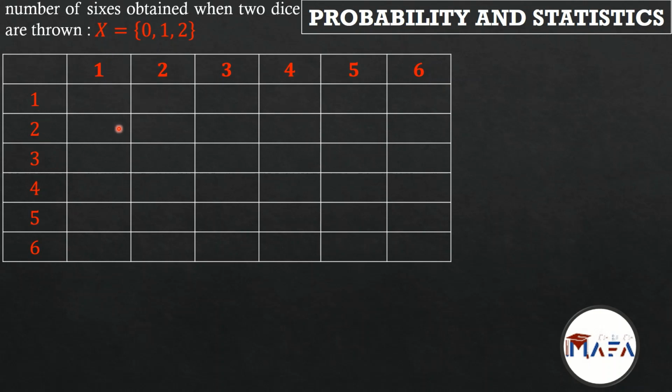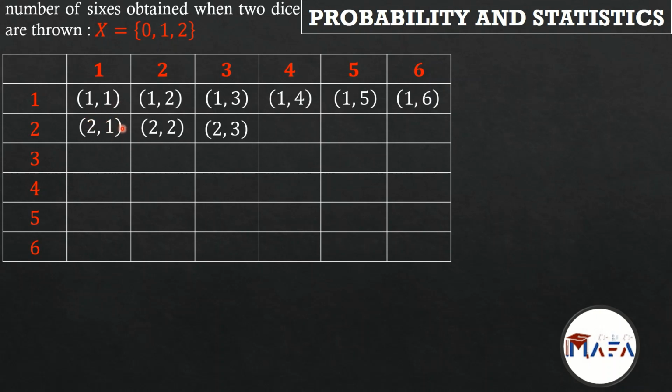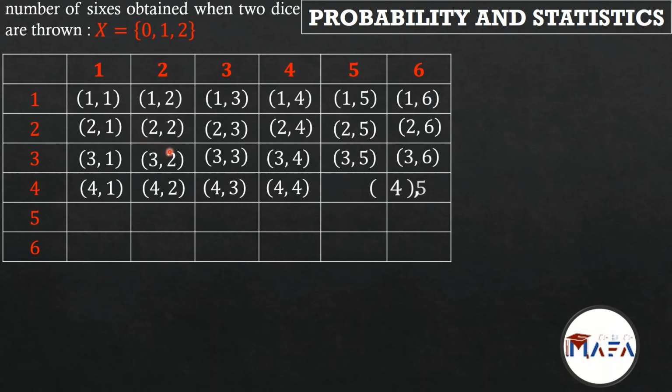When we throw the first time, we can have a 1 on the first dice and a 1 on the second dice, or a 1 on the first dice and a 2 on the second dice, and so on. When we throw again, we can have a 2 on the first dice and a 1 on the second dice, or vice versa. You just need to fill this table because it is going to help us in this proof.